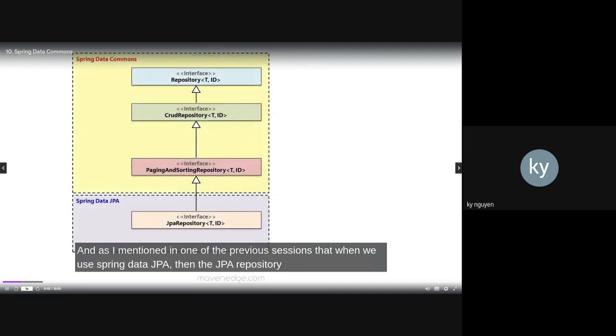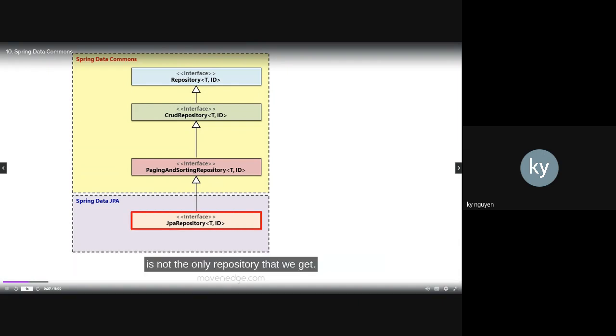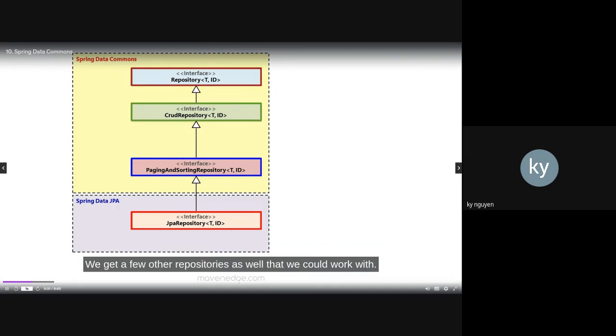And as I mentioned in one of the previous sessions, when we use Spring Data JPA, the JPA repository is not the only repository that we get. We get a few other repositories as well that we could work with.